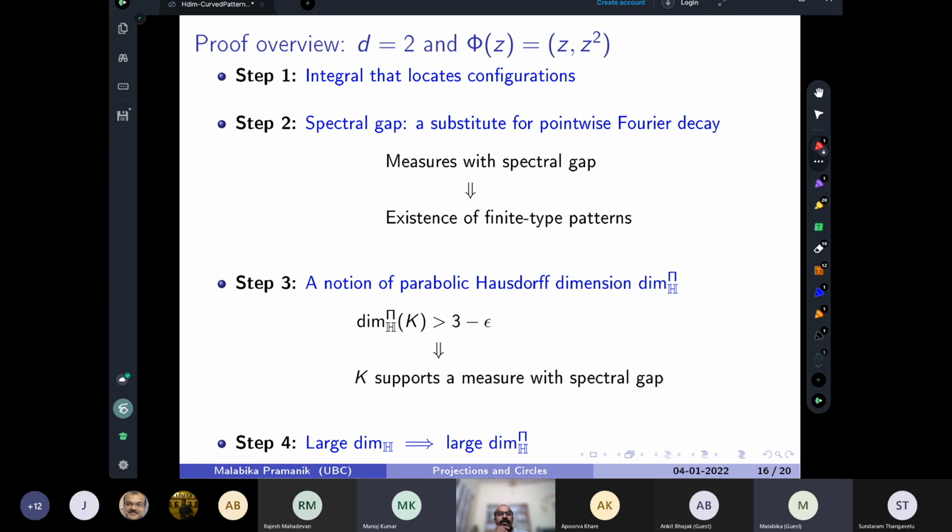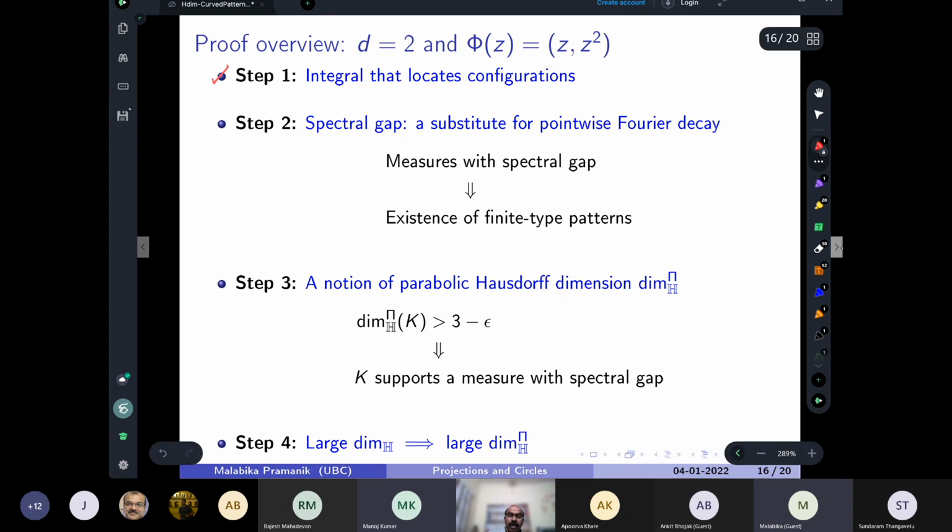Now, the first step, a common feature whenever we are trying to locate configurations, is to identify an integral that helps you locate a configuration. So I want to tell you what this means.